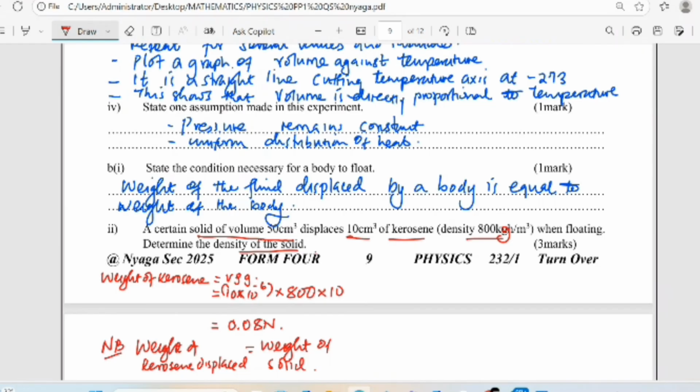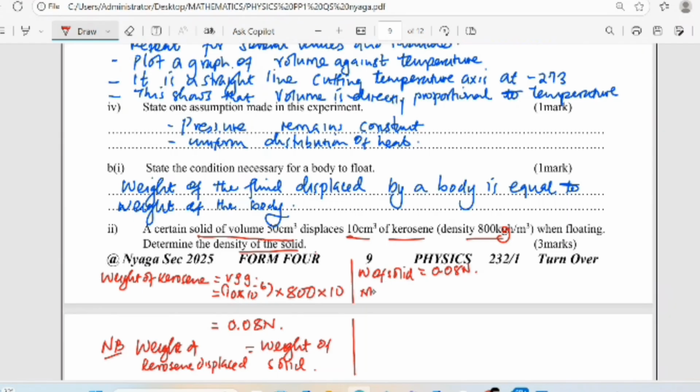Therefore, the weight of the solid becomes 0.08 newtons.